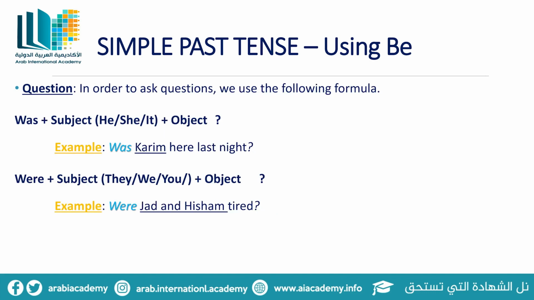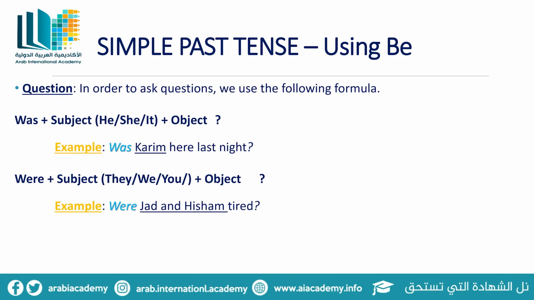Now, in order to ask questions in the simple past tense using the verb to be, we use the following formula. We start the question with was, if the subject is he, she, or it, then we add the object if any.